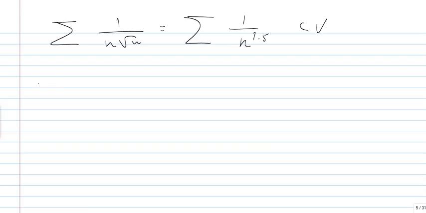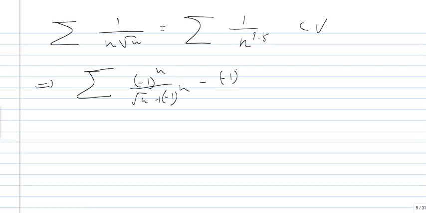And therefore, this tells me that the sum of (-1)^n over square root of n plus (-1)^n, minus (-1)^n square root of n plus 1 over n, is absolutely convergent.